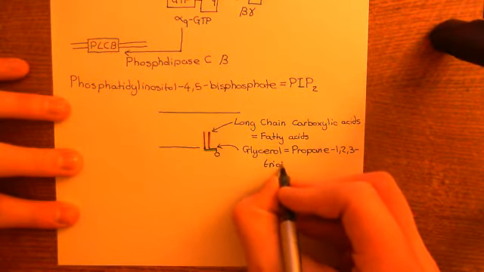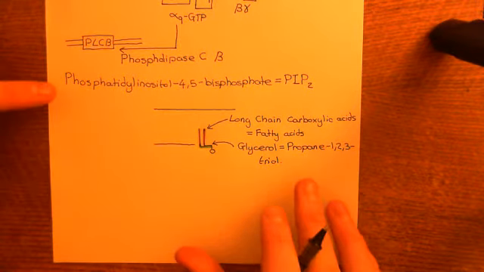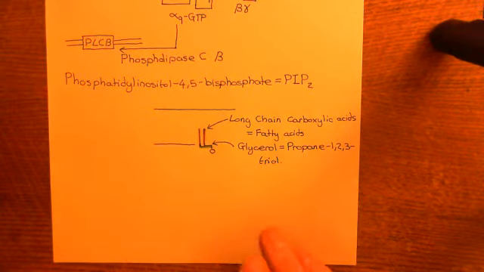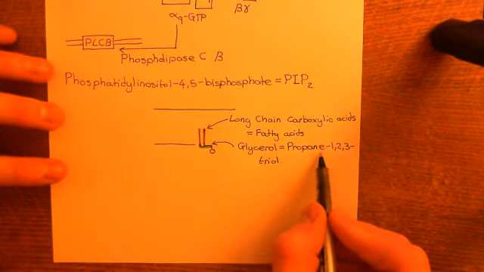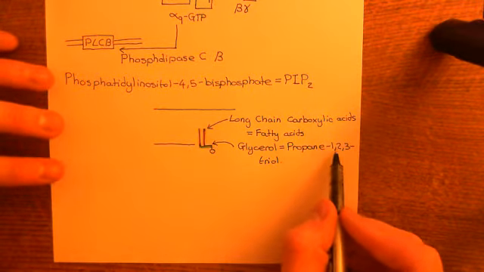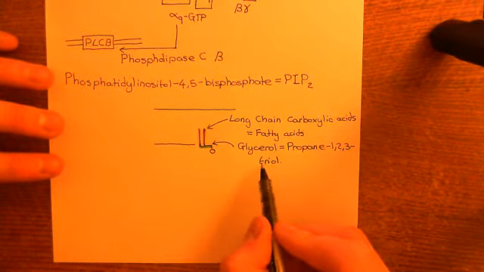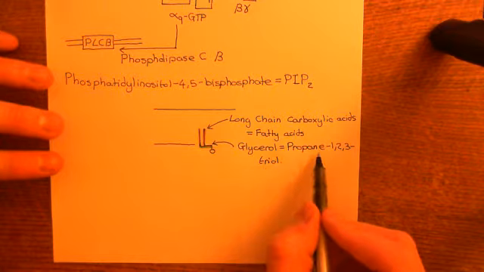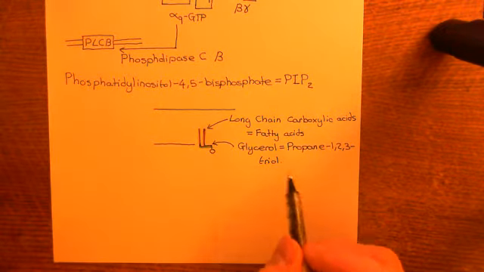Although propane 1,2,3 triol is a bit of a mouthful, it's a good name for this molecule because it tells you exactly what it is. Propane tells you that this is a 3-carbon alkane, and 1,2,3 triol tells you that you've got alcohol groups coming off each of the 3 carbons in this alkane, 1 alcohol group coming off each.